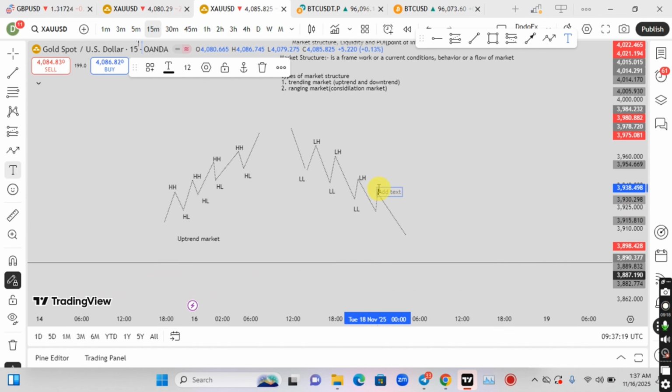So that means price is going from point A to B, point A to B, point A to B. That's what price has been doing here. So that's what a downtrend means.